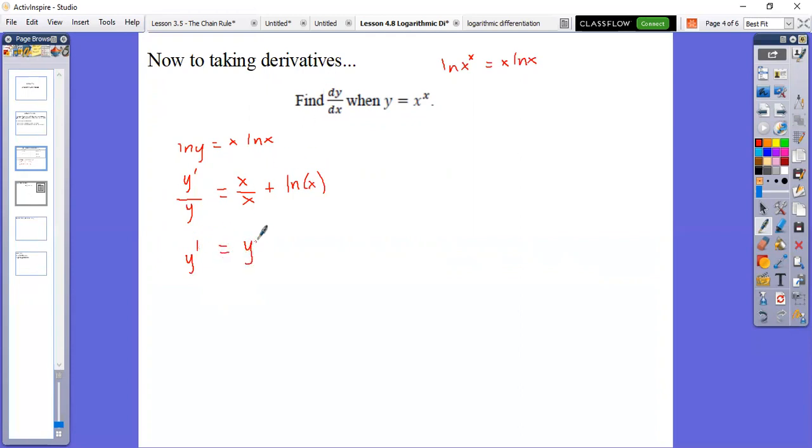So y prime would be y times (1 plus ln of x). Now, luckily, I know what y is equal to. y is equal to x to the x. So then dy over dx, y prime, would be equal to x to the x times (1 plus ln of x). So this would be the derivative of this function. And we were able to accomplish that using logarithmic differentiation. Basically, I took the logarithm first, and then I differentiated.